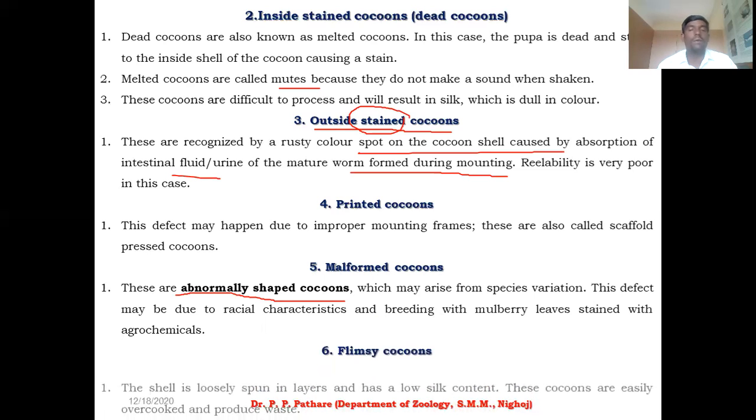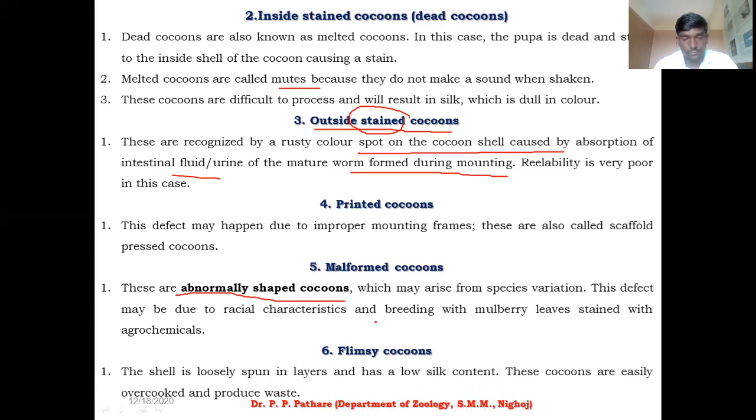Then next one, flimsy cocoons. The shell is loosely spun in layer and has low shell content. Spin means katni, or it will also be called to unwind your cocoon.